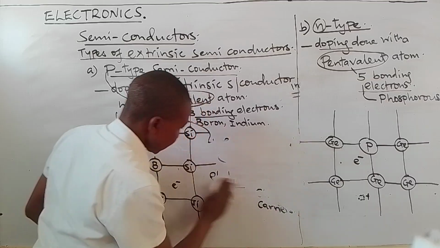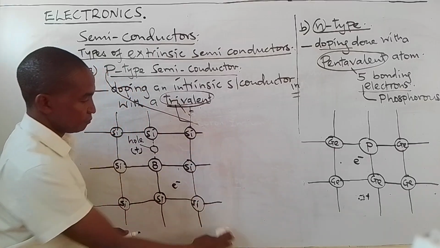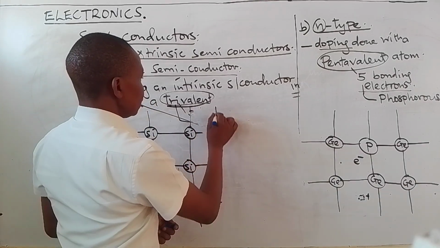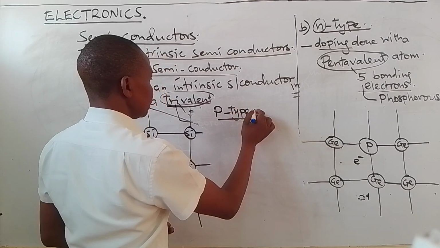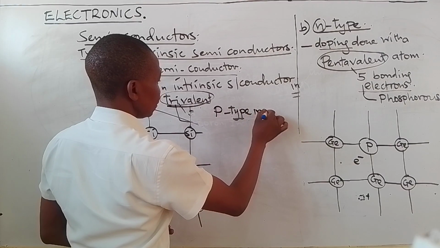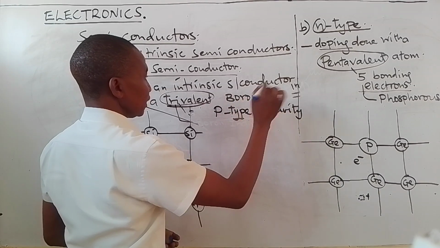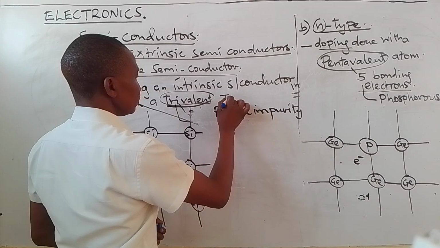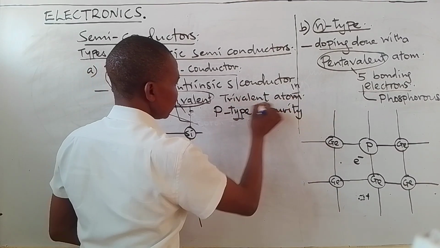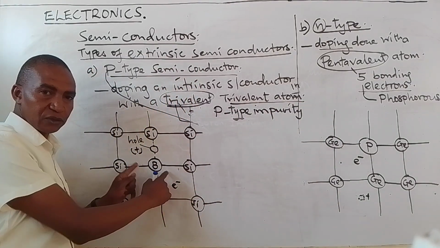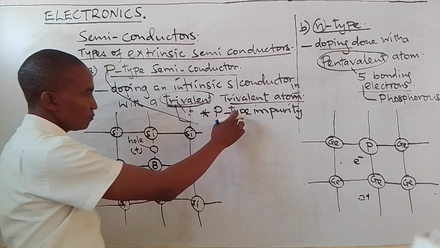The boron atom, or the trivalent atom, because it may not necessarily be boron, can be called a p-type impurity. In this case we have used boron as the trivalent atom for doping.